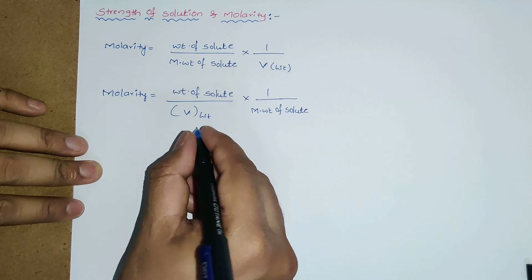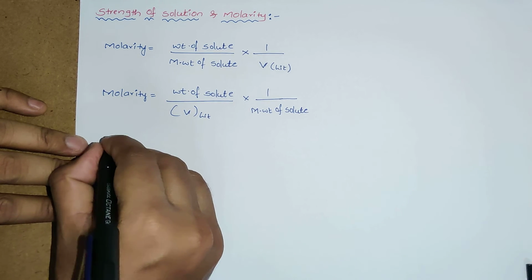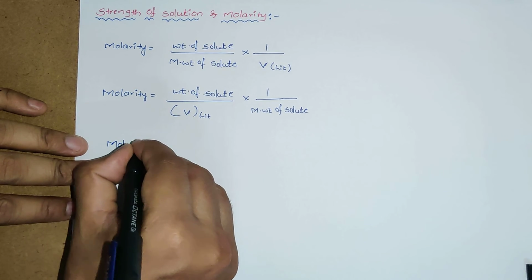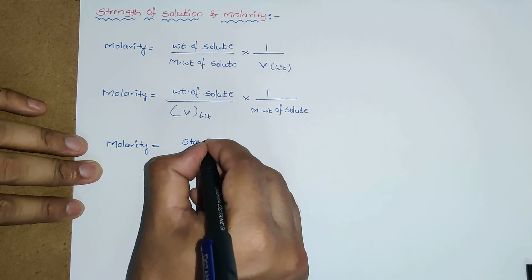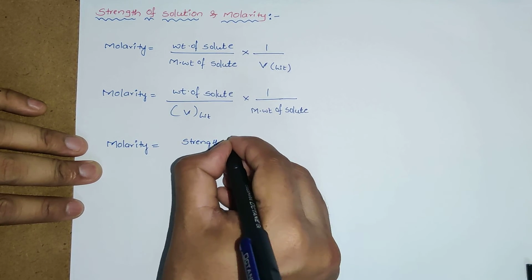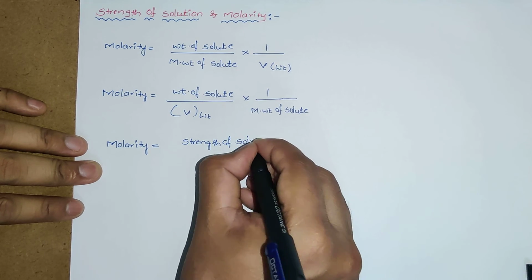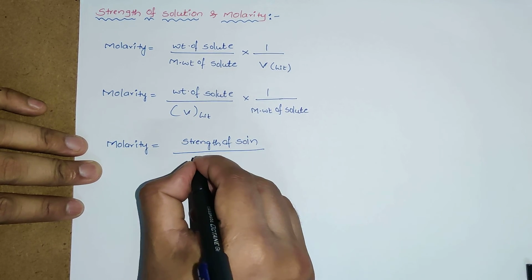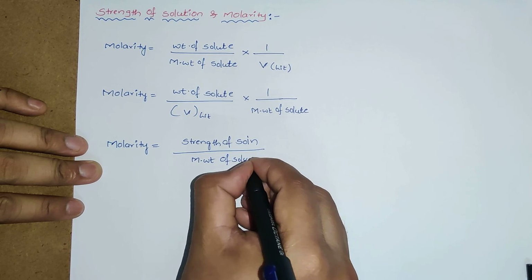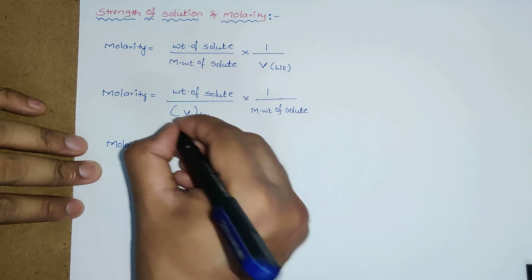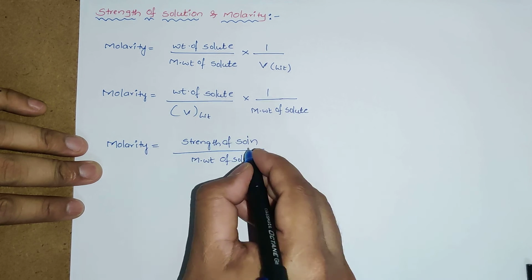Weight of solute by volume of solution in liters, that is called strength of a solution. Molarity is equal to strength of solution divided by molecular weight of solute. This portion, weight of solute by volume of solution, is strength of solution.